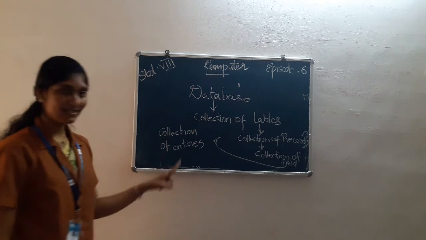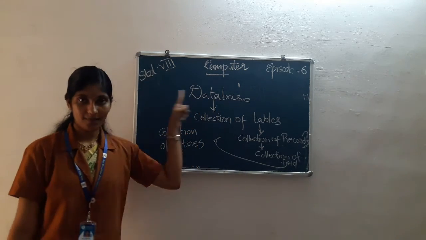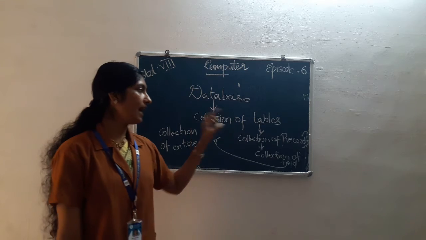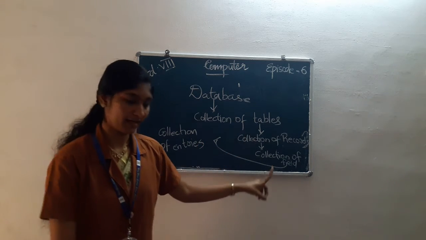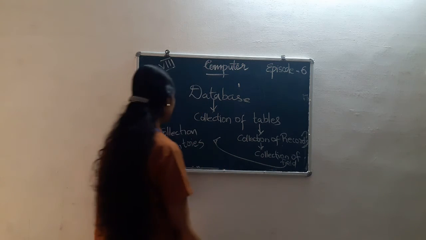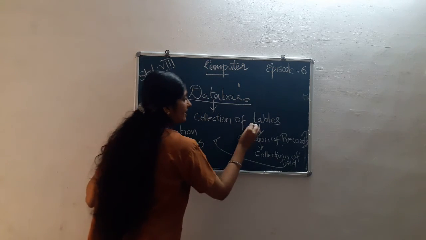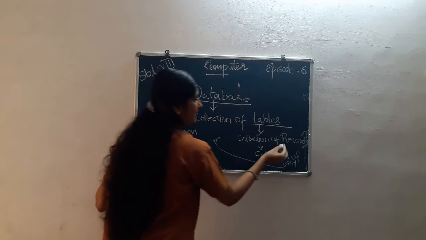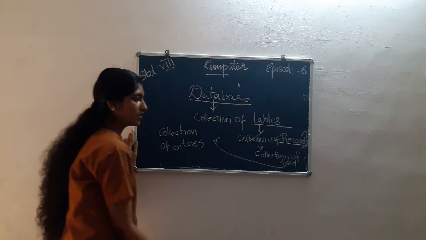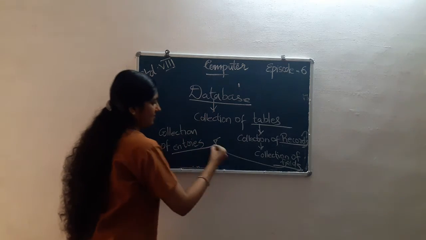So simply we can say that this is the diagram. Database is a collection of tables, tables is a collection of records, a record is a collection of fields and a field is a collection of entries.